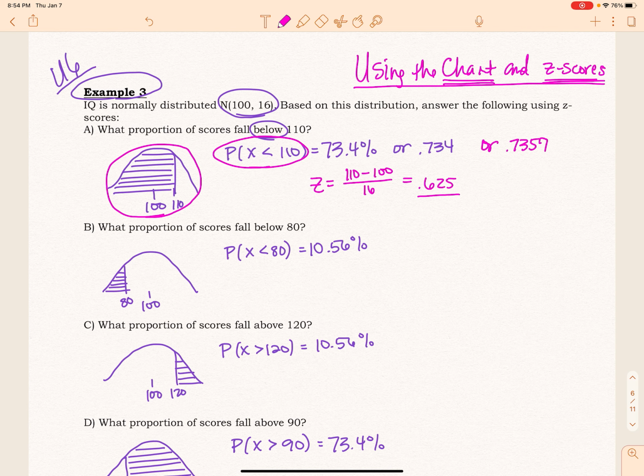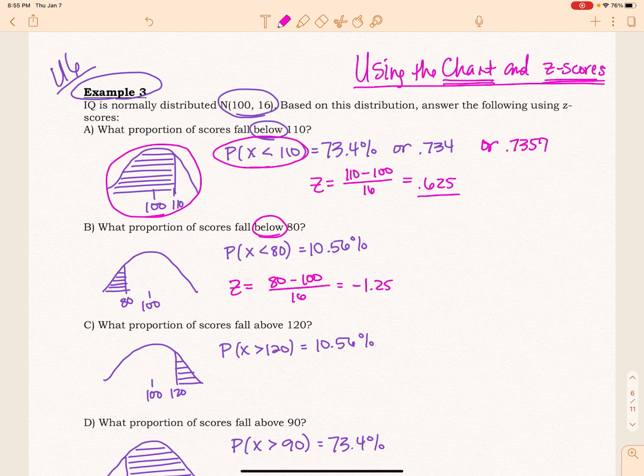It's just below again. So all of these below values are going to work the same way on the chart. The only thing you may want to practice is finding your z-score. So for this particular problem, you get negative 1.25.